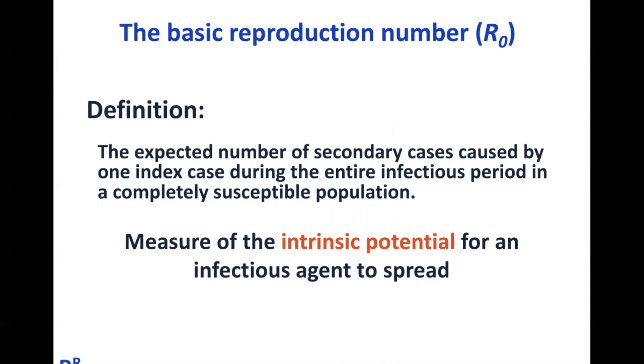That was easy to measure right at the start of the pandemic, because everybody was susceptible and you could count how many cases there were, theoretically, because it means not only symptomatic cases, it means all other infections. It is a measure of the intrinsic potential for an infectious agent to spread. It tells us something about the pathogen. How good is it at spreading the infection?